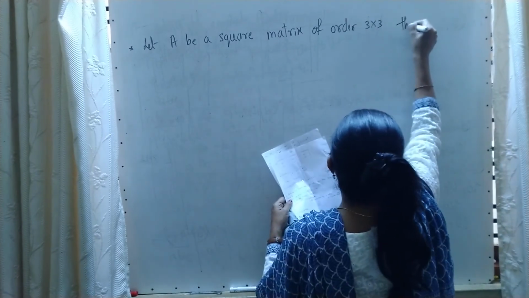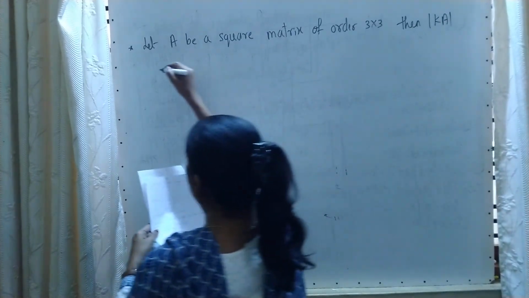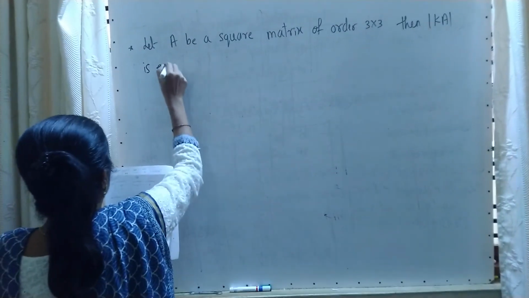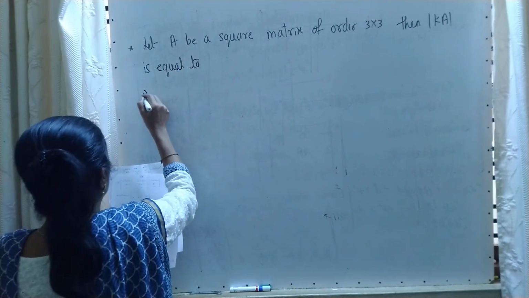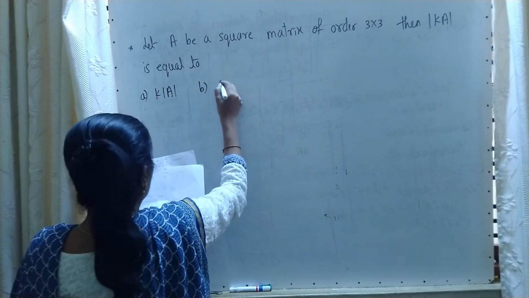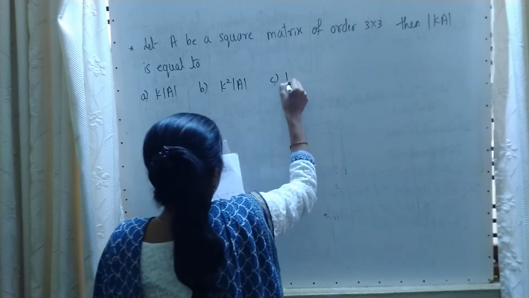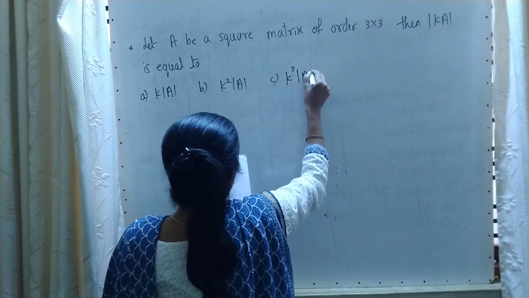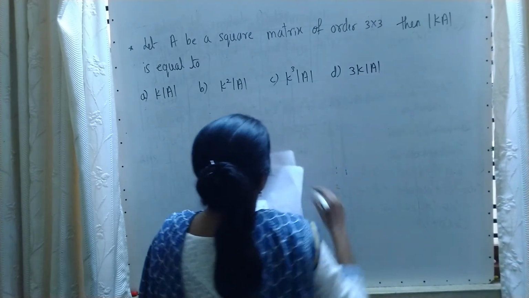Then the determinant of K into A is equal to: first option, K into determinant of A. Second one, K square into determinant of A. Next, K cube into determinant of A. Then 3K into determinant of A.